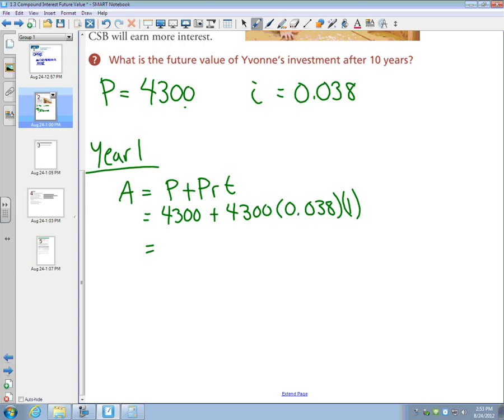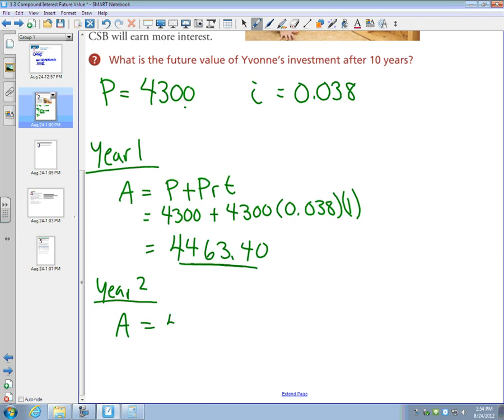Calculating this out, I've already pre-calculated it, but if you want to grab your calculator, you can. We get 4,463.40. Okay, that's year 1. Now in year 2, we apply interest, but we apply it on this amount.